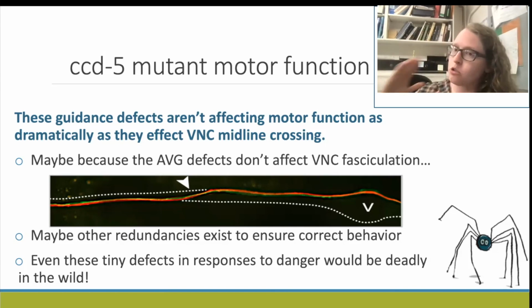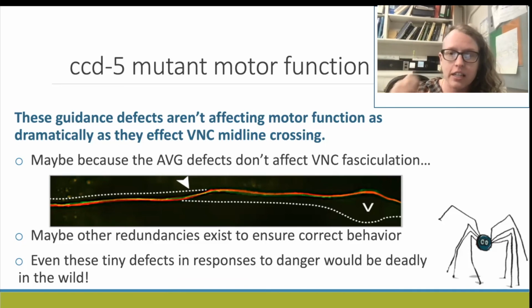It needs to be able to run and hunt and hide and respond to stimulus in effective and nuanced ways that there's no way for us to measure in the lab, because the lab is such a controlled environment. So we're only picking up a tiny little bit of these behavioral defects that could be incredibly important in the wild.